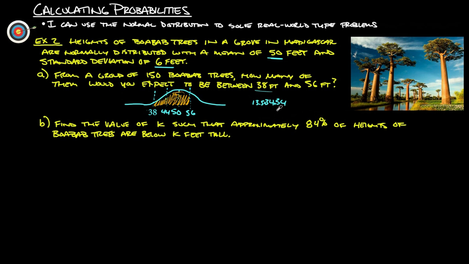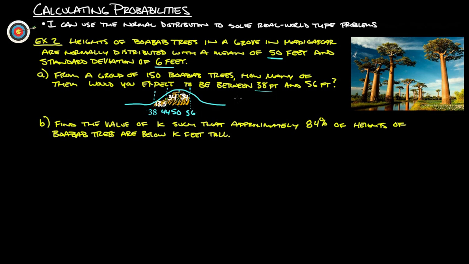That is terrible because you can't see that at all. So let's try that a little bit more spread out. I'm going to come up with a different color here. So this is 34% of the data, this is 34% of the data, and this is 13.5% of the data.